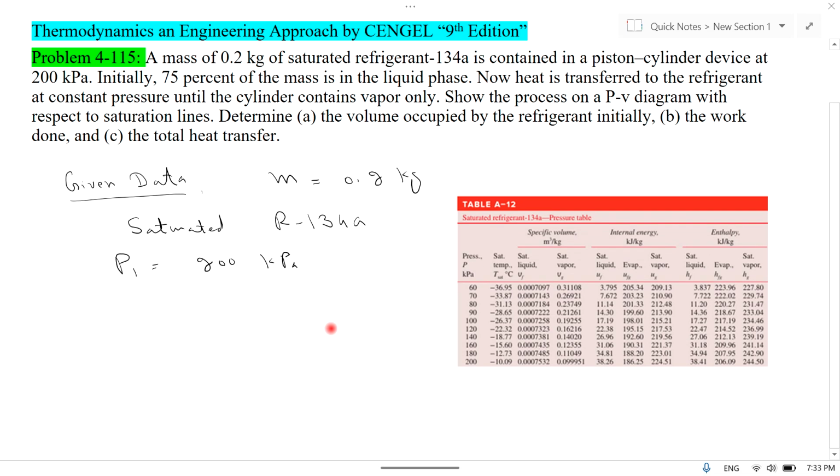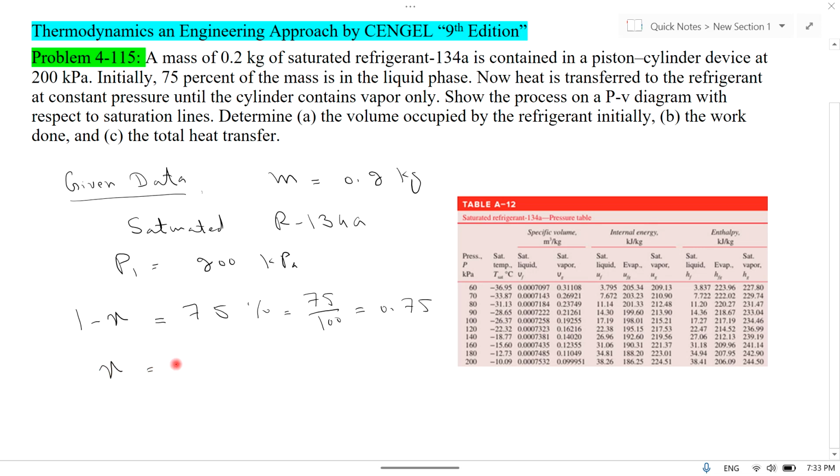This is the percentage of liquid phase, and dryness fraction is x and wetness fraction is 1 minus x. So this is 1 minus x because this is the percentage of the mass in the liquid phase. So 1 minus x is equal to 75%, which is 75 divided by 100, equal to 0.75.